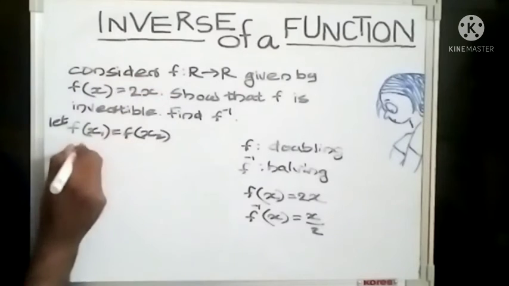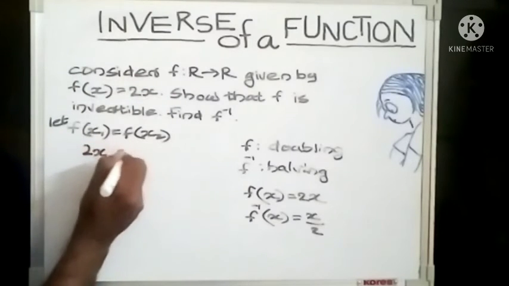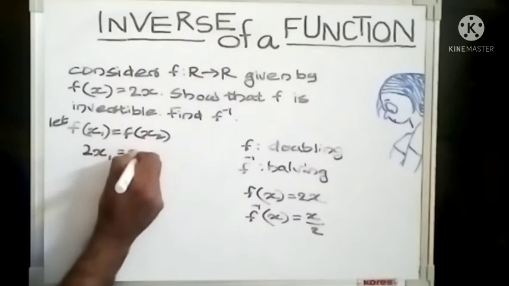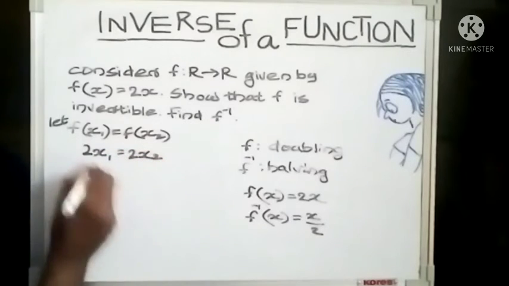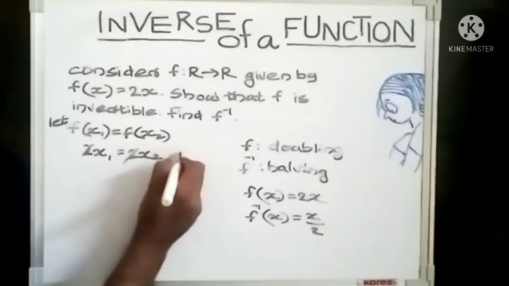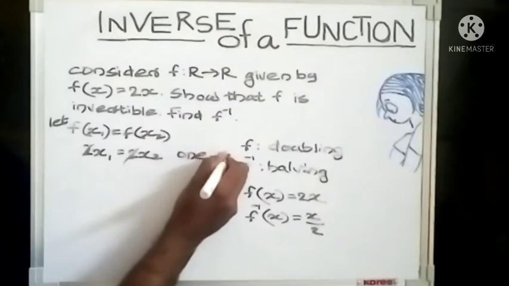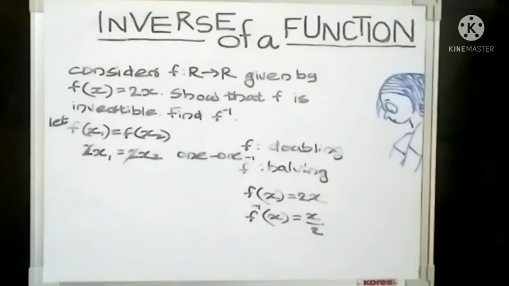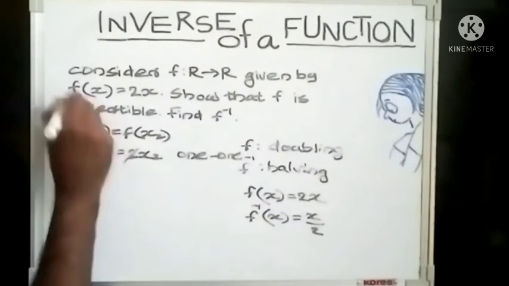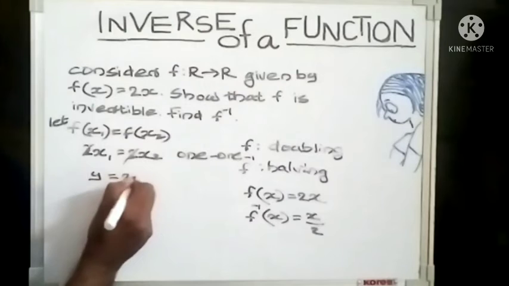We have f of x equals 2x. Therefore, 2x1 equals 2x2. Therefore, 2 is cancelled, and we have x1 equal to x2. The function is 1-1. And how to show that it is onto? Let there be an element y in the second set such that y equals 2x.